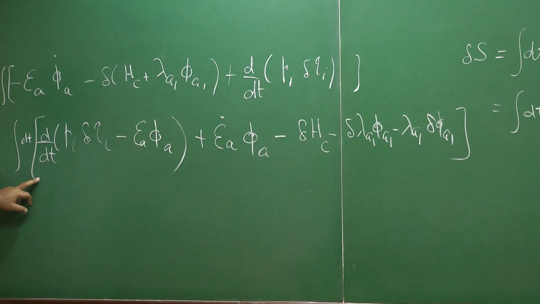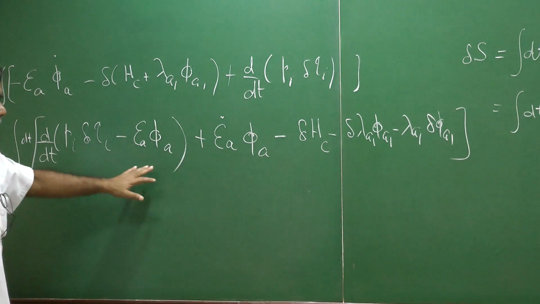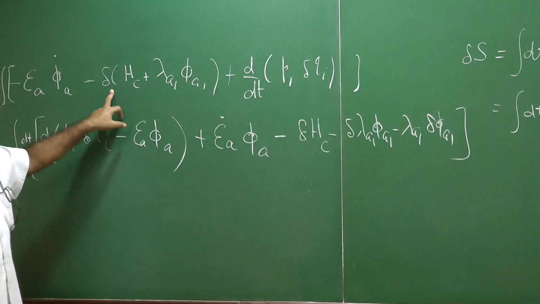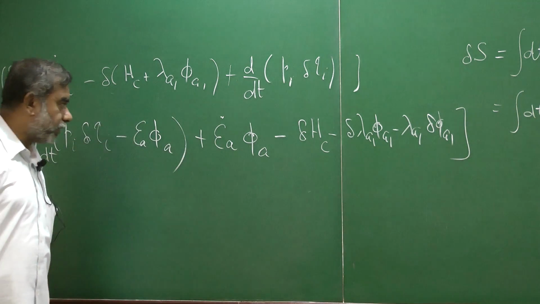So is this clear? This term should be clear, yes? This is this term, but I've just rewritten this as two pieces, which are written here. And then I've just taken the variation and split out everything.